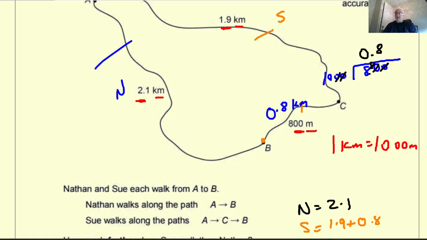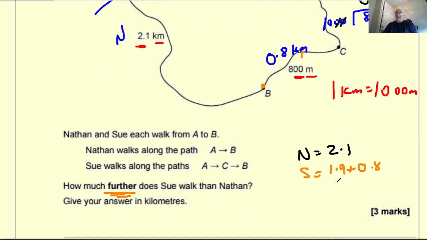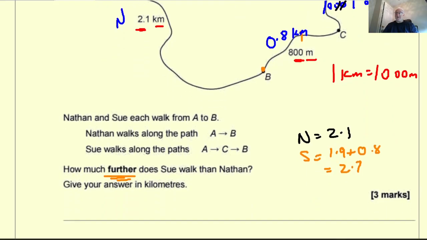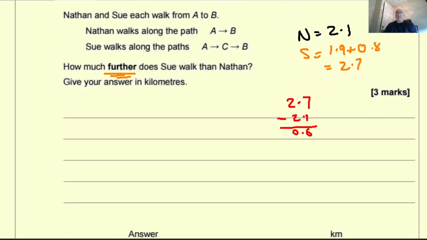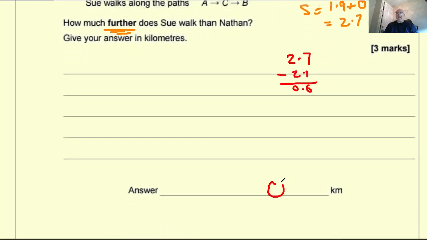So adding those two together, that's going to give me 2.7. Then I'm going to take them away from each other. So I've got 2.7 subtract 2.1, which gives me 0.6 kilometers. But again, my units are there, so I don't need to put that, but 0.6 kilometers.